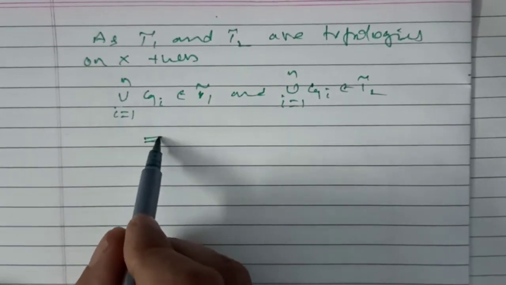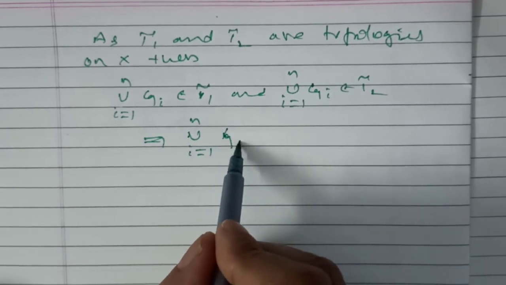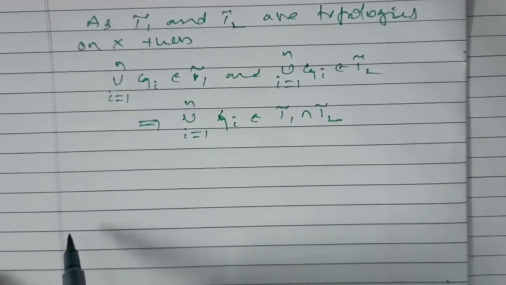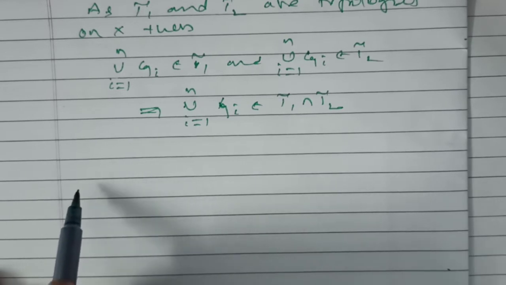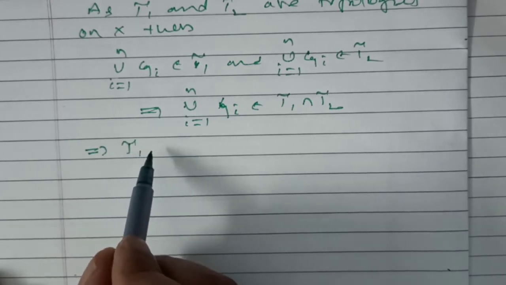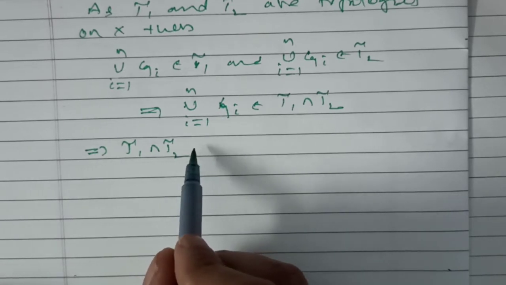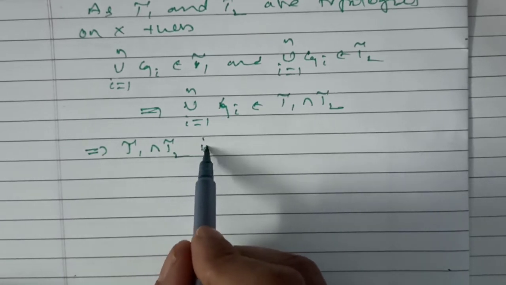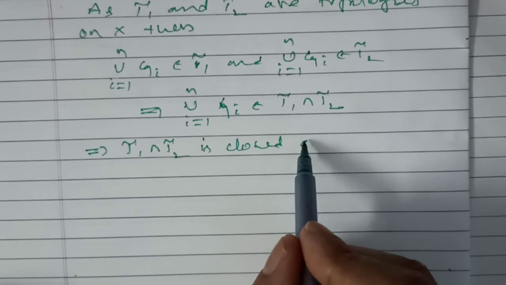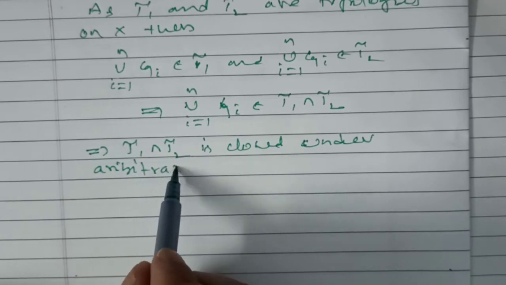This implies the union of Gi, i is equal to 1 to n, belongs to τ1 intersection τ2. This implies τ1 intersection τ2 is closed under arbitrary union.